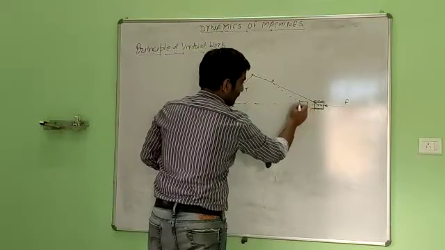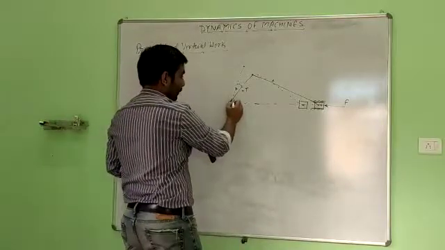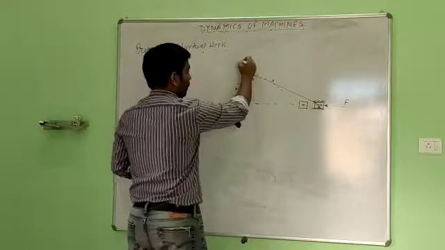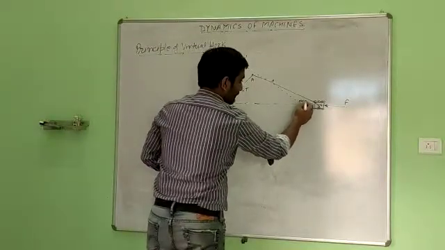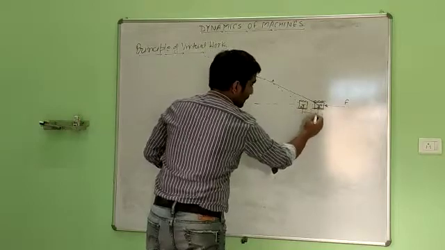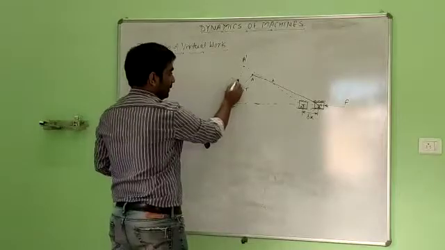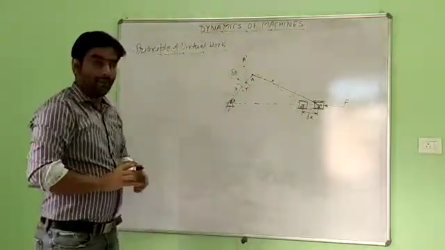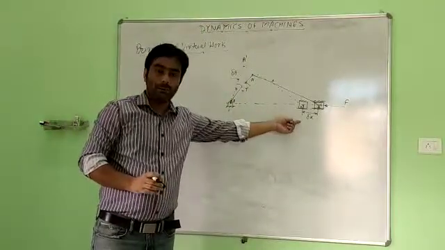Let's say this is the second position: O, A, B, and then O, A dash, and B dash. This linear displacement is del x, and this angular displacement is del theta. Both del theta and del x are very small.